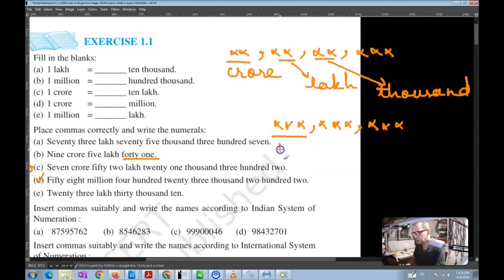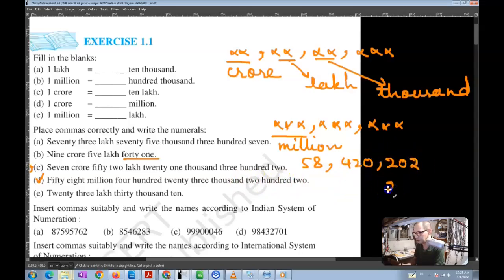So these 3 digits is the million part, and then that's the thousand part, that's the rest of your number. So the 58 million would be, you would start from here, 423,202. That's basically your number in the English system.